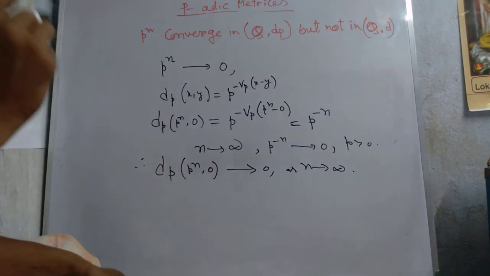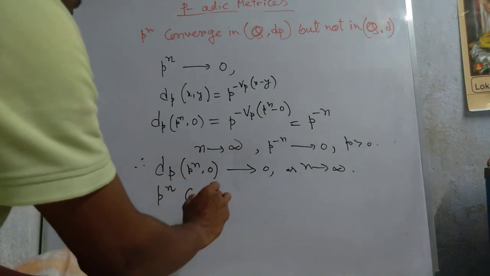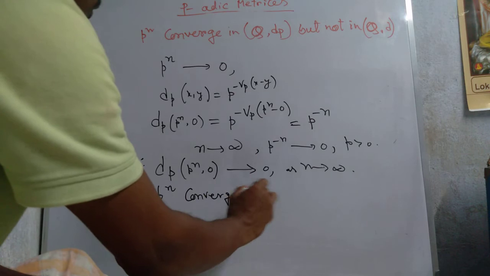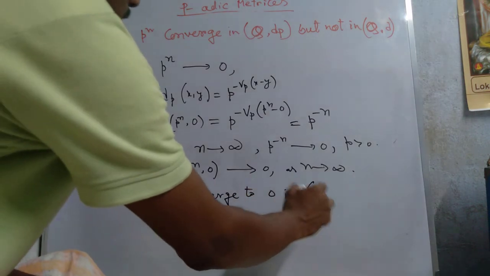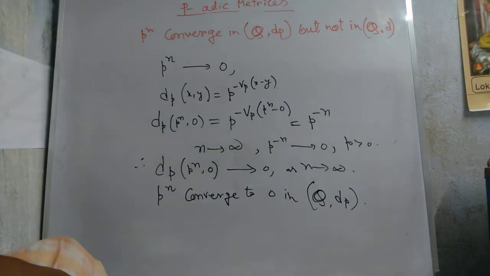So p to the power n converges to 0 in (Q, d_p). Not a problem, but not in (Q, d). Why?